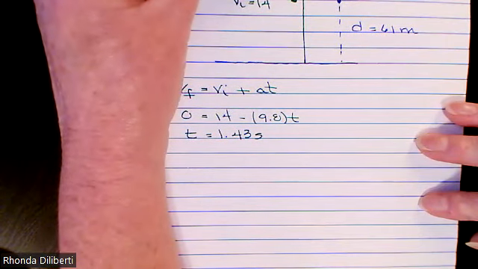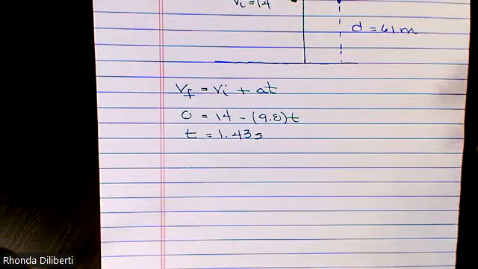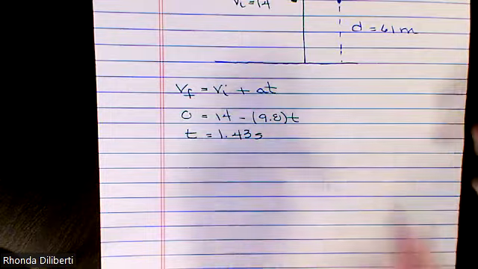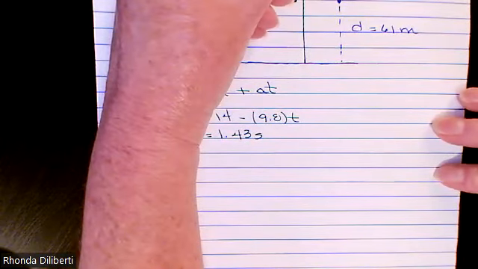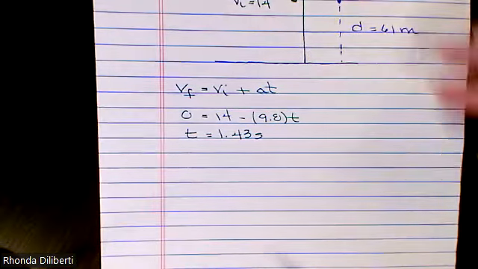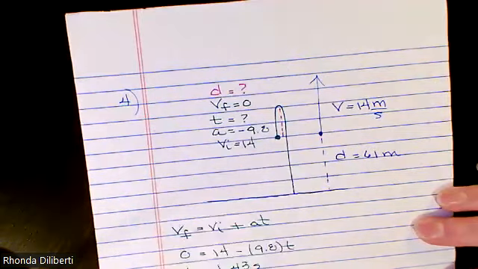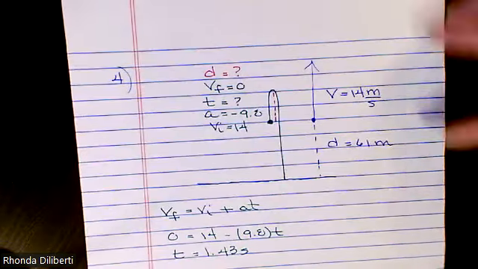And then after it gets to the top, it's going to fall down. So to find out the time that it's in the air, I'm going to have to find the time to go down also. But I can't find the time to go down until I know how high up it went. So really right now, I'm just looking for this distance here. So I'm going to add a distance to my list. I need to know how high up it went.